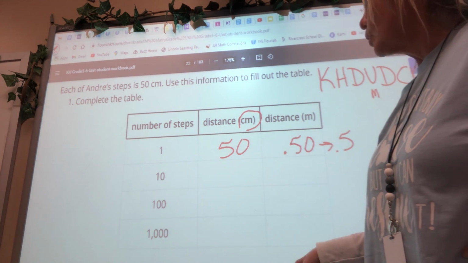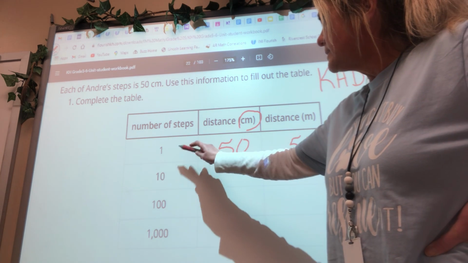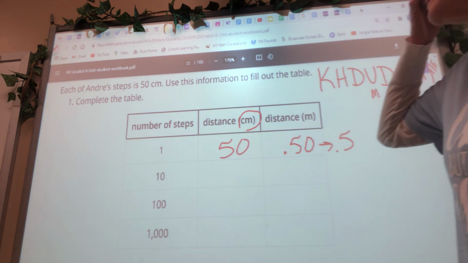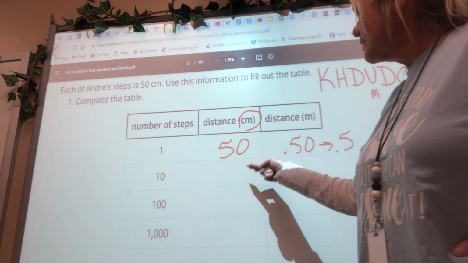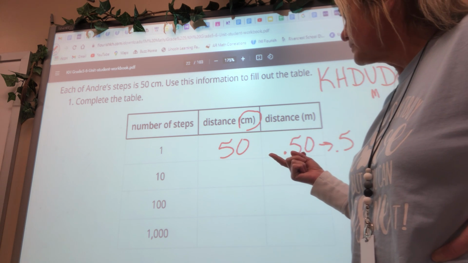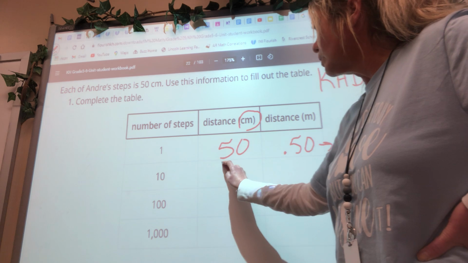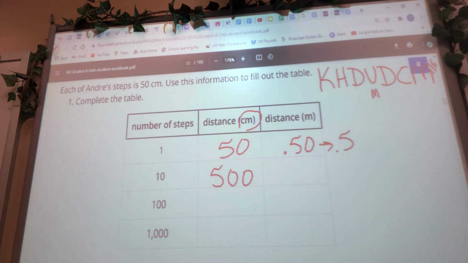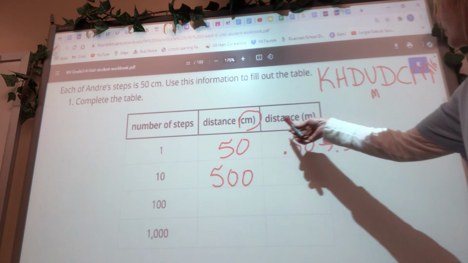All right, the next one. Well, this is 10 times what that is, so this should also be 10 times. So 50 times 10, that's one more power of 10, or one more multiple of 10, so that would mean one more 0 to represent a multiple of 10. So now we have 500, and that's centimeters.